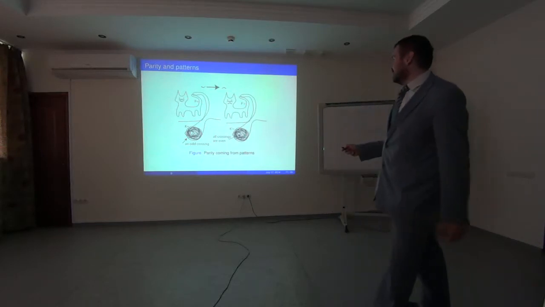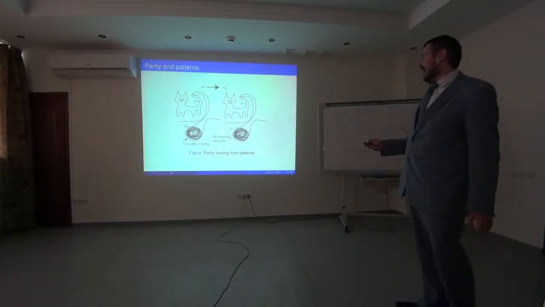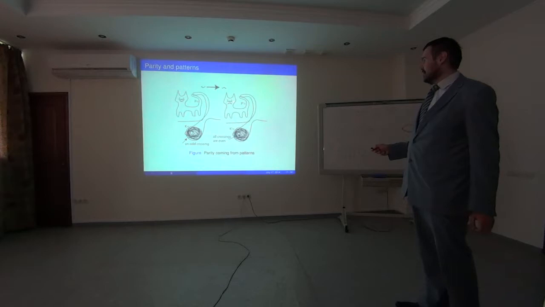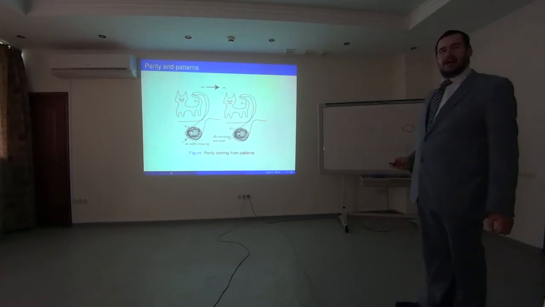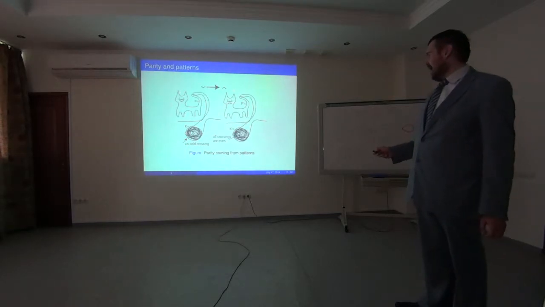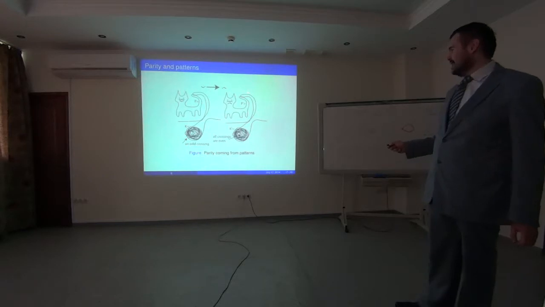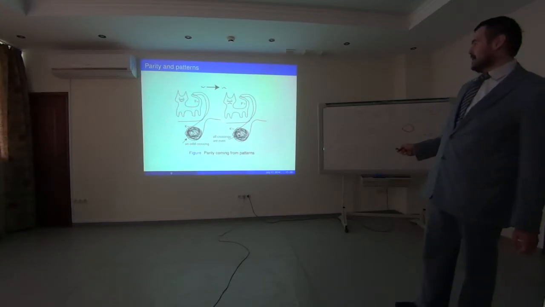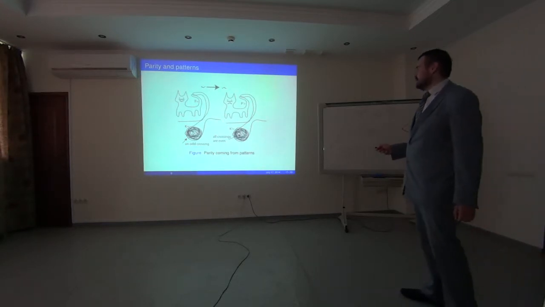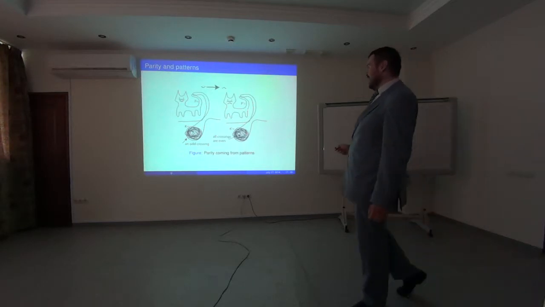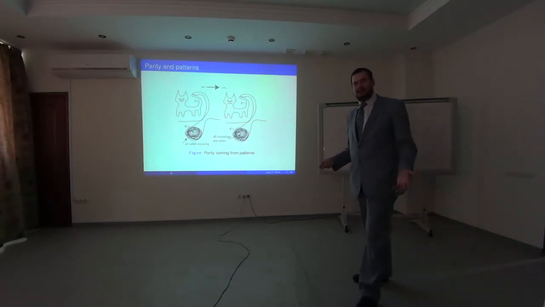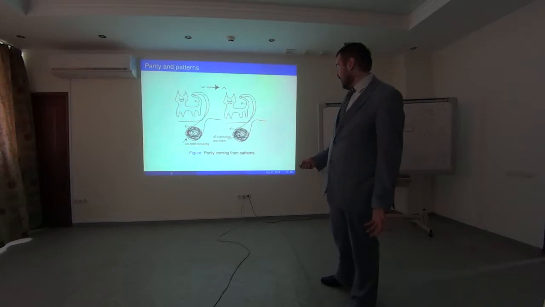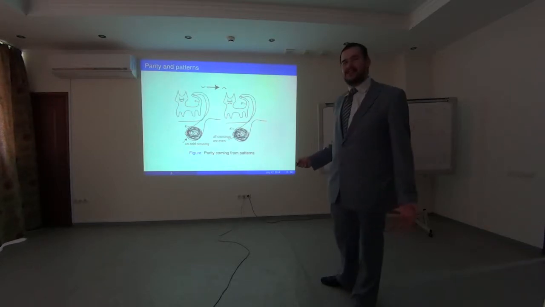But if I just make some move like that, for example, some mutation of the pattern which changes it, then in the right picture, all crossings will become even, because I define my parity with respect to the pattern P, and here I have P prime, I don't have P at all. And here some crossings can be odd.